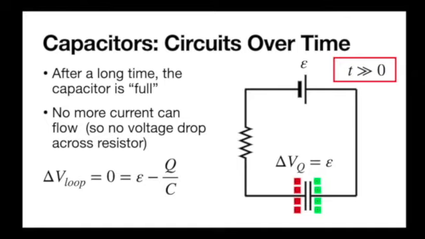Now the resistor doesn't come into our loop rule, right? So if we're going through this circuit, we know there's no current, but we'll just go around. We get plus epsilon minus delta V_Q, or minus Q over C from the capacitor, and then our resistor voltage drop, which would be minus I R, is not there because I is 0.